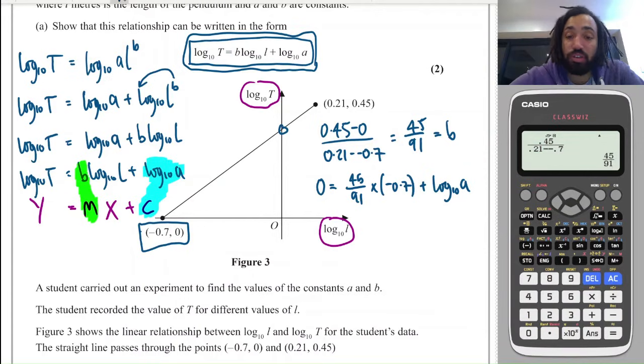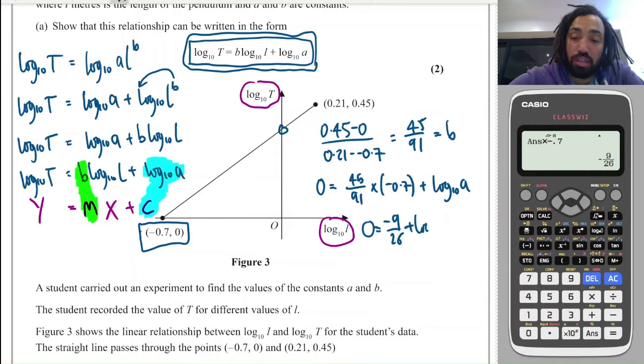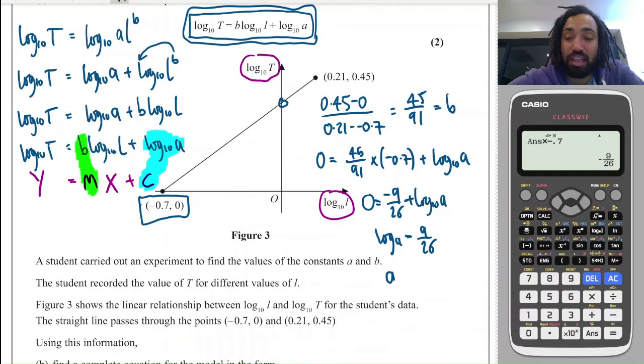Okay, so 45 over 91 times negative 0.7 will give us minus 9 over 26. So minus 9 over 26 is equal to, plus log A, which means that log A is equal to 9 over 26, which means that A is equal to, because it's base 10, 10 to the power of 9 over 26.